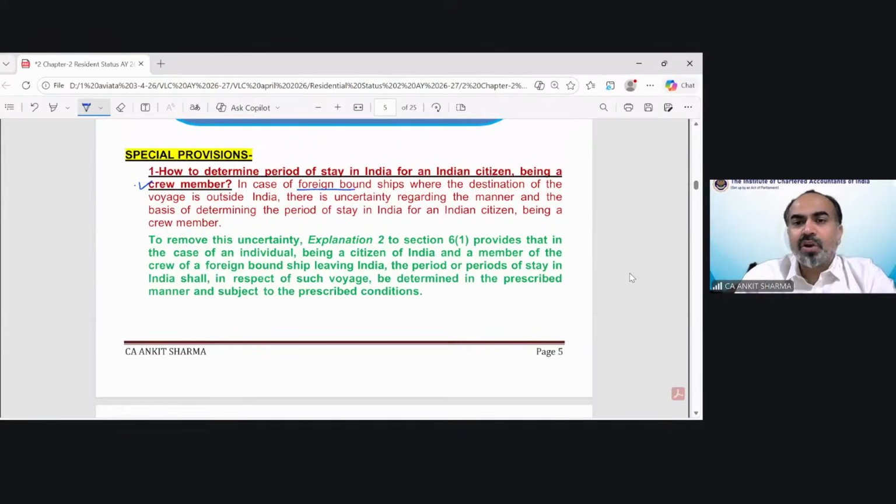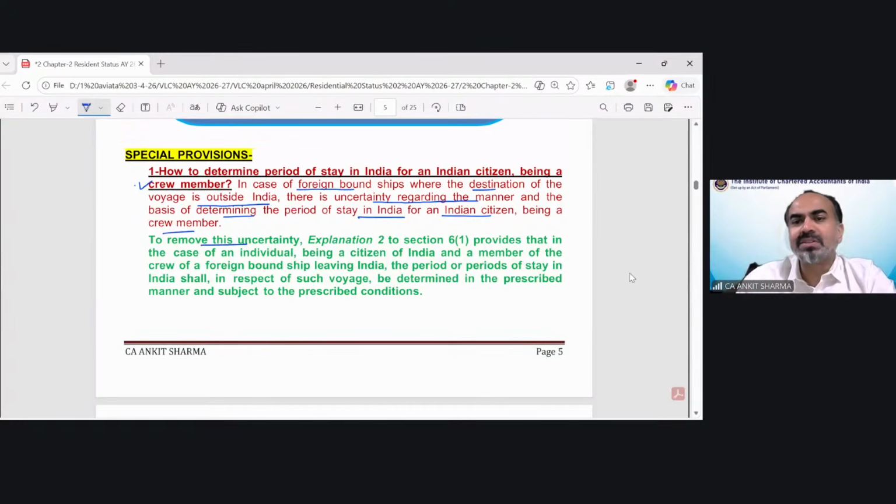In case of foreign bound ships, where the destination of the voyage is outside India, there is uncertainty regarding the manner and the basis of determining the period of stay in India for an Indian citizen being a crew member.